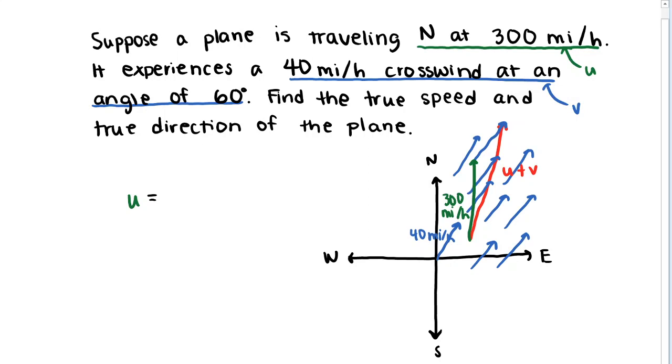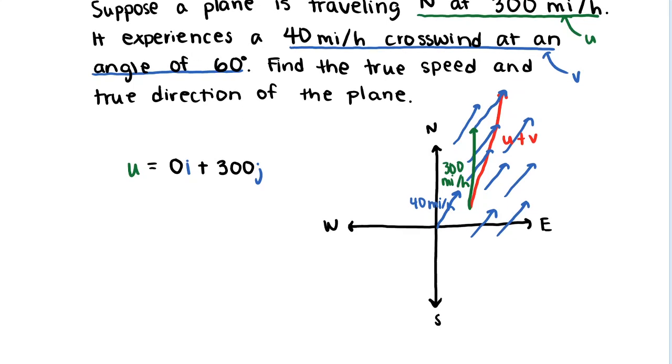This vector is traveling directly north 300 miles per hour. So the horizontal component of our vector is 0, that's i, and the vertical component of our vector is 300. This vector is traveling directly north, so the vertical component is the entire length of our vector, 300 miles per hour.